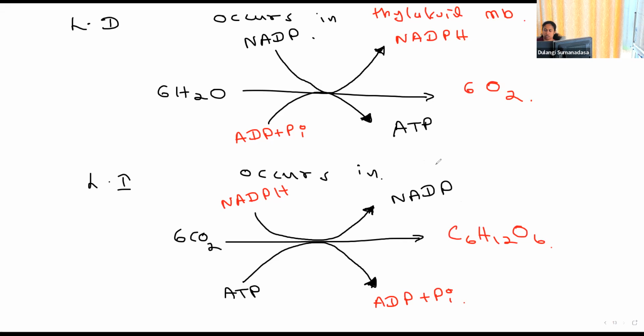Occurs in the stroma. Right, so this is what we did. The most important thing is to read the arrows properly. NADP goes in, output is the NADPH.